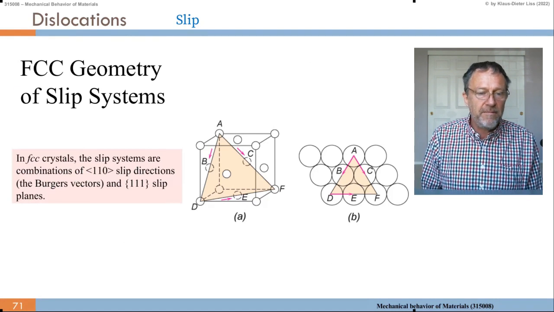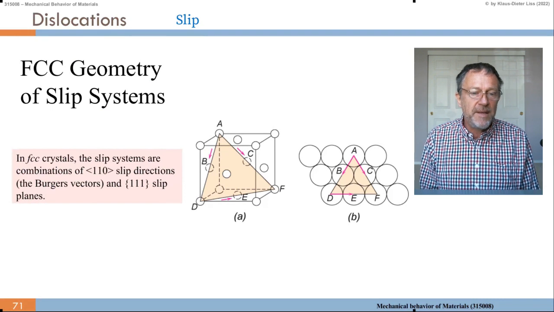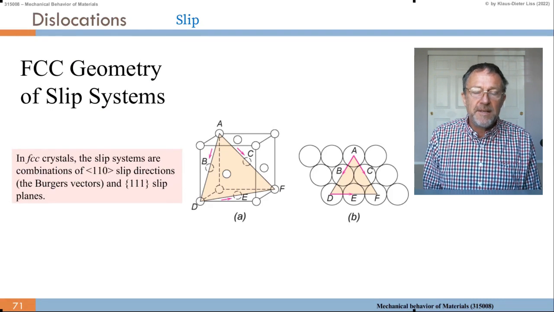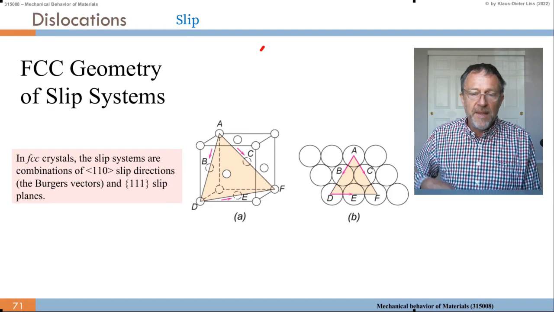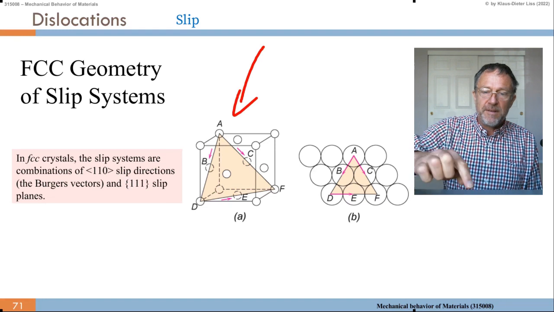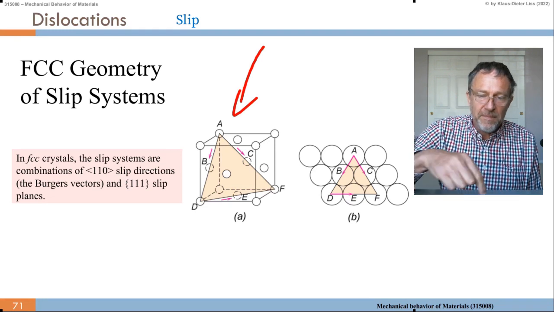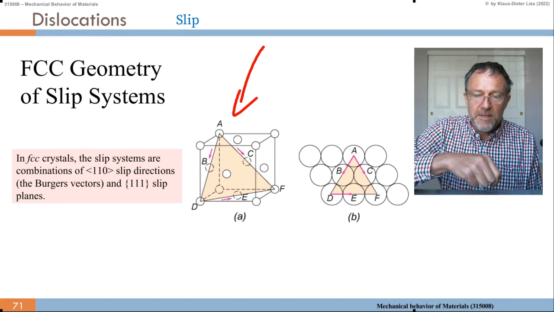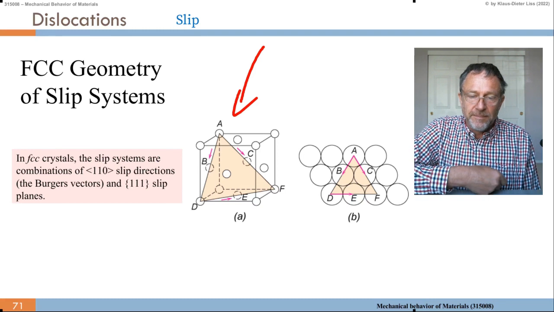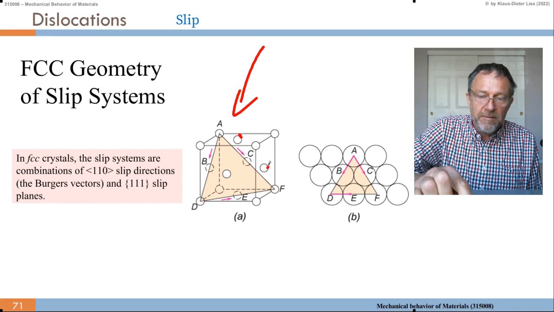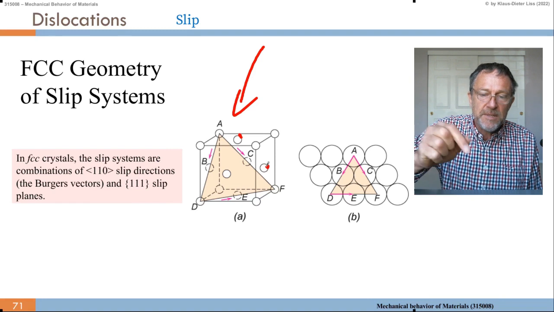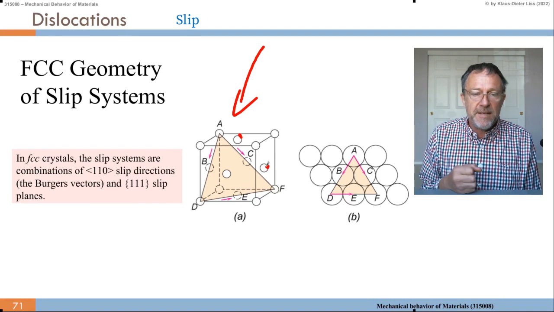Again, I emphasize the FCC geometry, so face center cubic geometry. For those who haven't had crystallography, it's shown here. We have this cubic unit cell, and then on the center of the faces we have extra atoms, and this is called face center cubic.